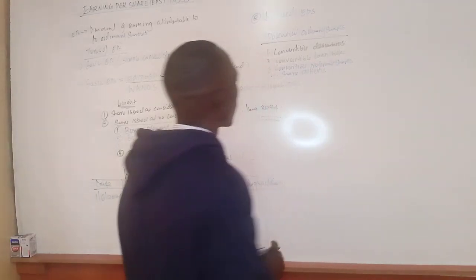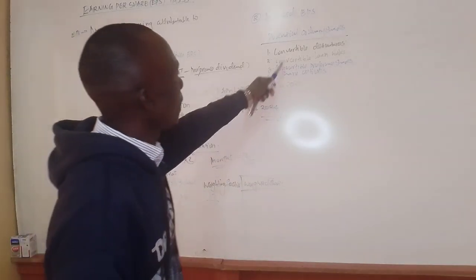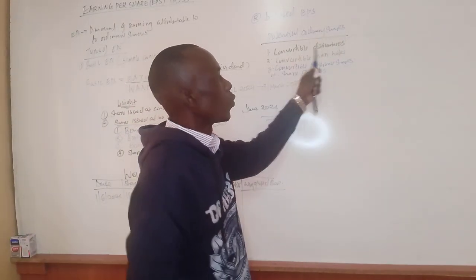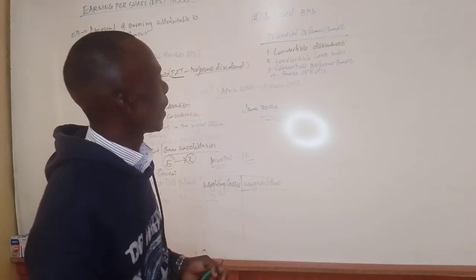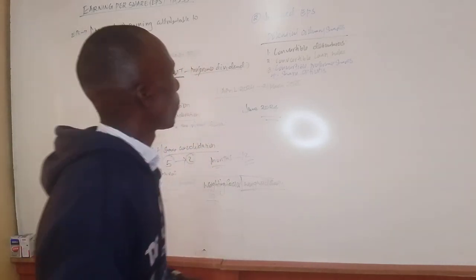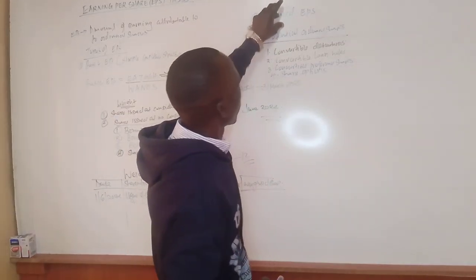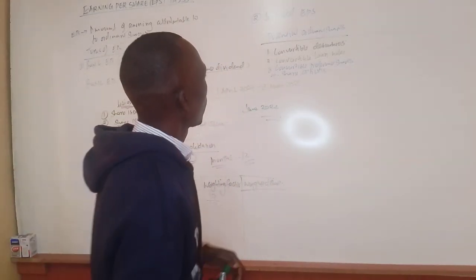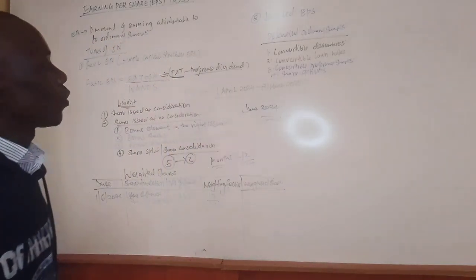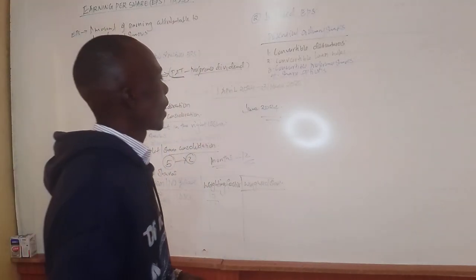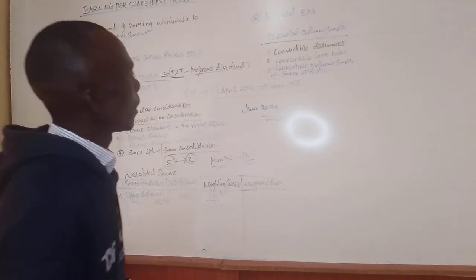All of these are potential ordinary shares, meaning in future they are going to be converted to ordinary shares. That's what we call the potential ordinary shares. So when we will be calculating the diluted EPS, we assume that all these convertible securities have been converted.